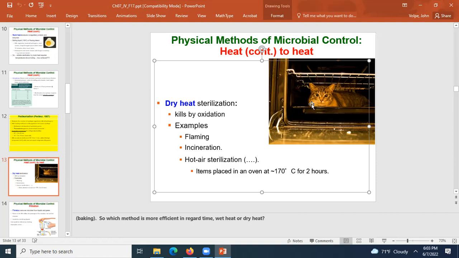And once again, that's showing you that wet heat is more efficient at killing than dry heat. So wet heat is more efficient in regard to time than dry heat. Any question about any of that?